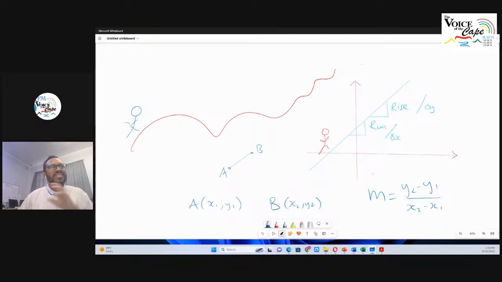So what's the idea of average gradient? Now, if I talk about the average gradient and I give you this point over here and I say that's point A, and I talk about this point over here and I call that point B, then the average gradient is simply the gradient of the line that joins those 2 points. Okay, so if I had to talk about, let's say this is this guy's mood, right?